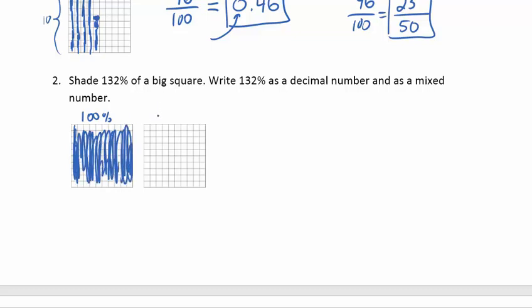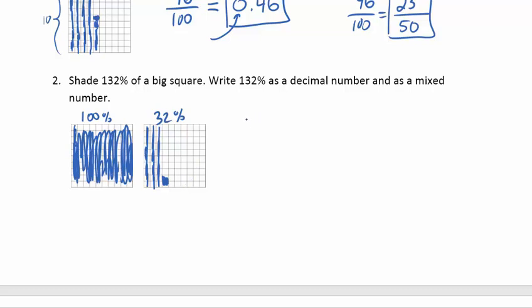Now I need to shade over here 32%. So let's see, there's 10, 20, 30, 2. Again, notice 132%, we've gone more than one whole thing here, so we have one whole thing shaded plus 32% more shaded.